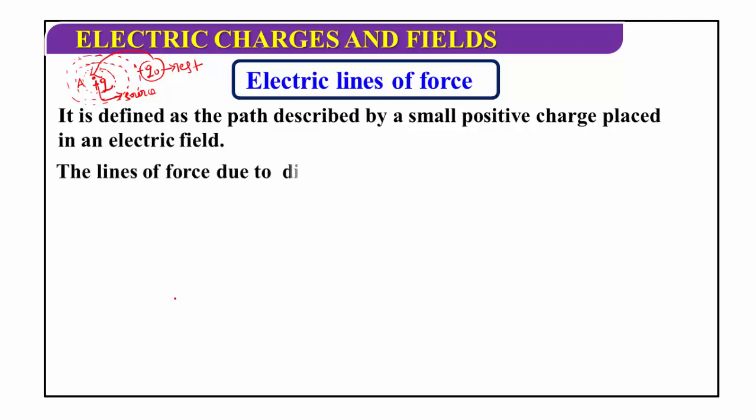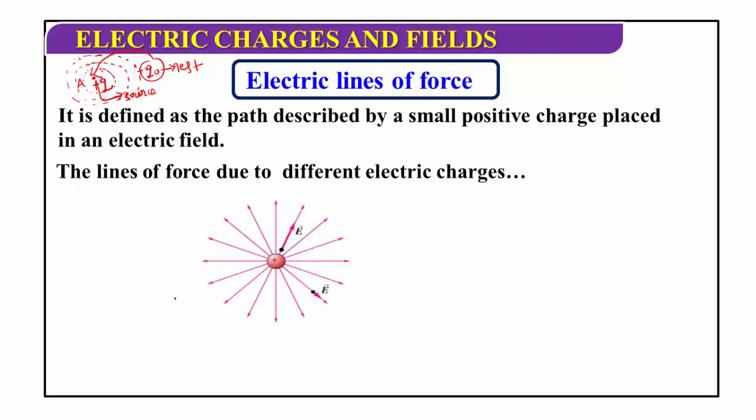Here are the electric field lines of force due to different electric charges. This diagram indicates the electric field lines due to the positive charge. Electric field lines always start their journey from a positive charge and end at a negative charge.